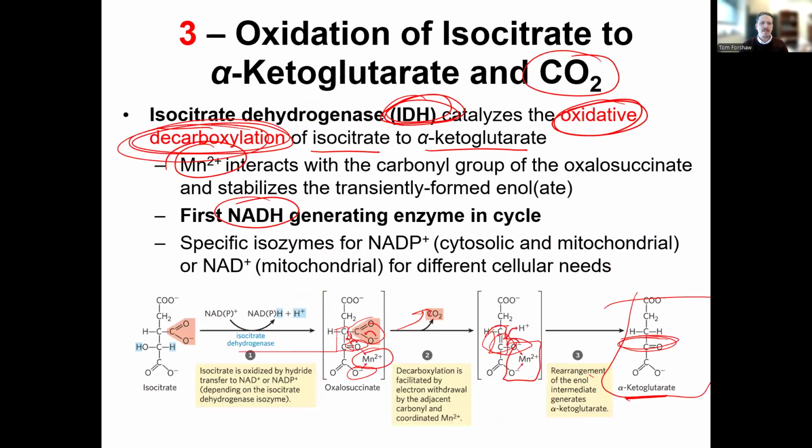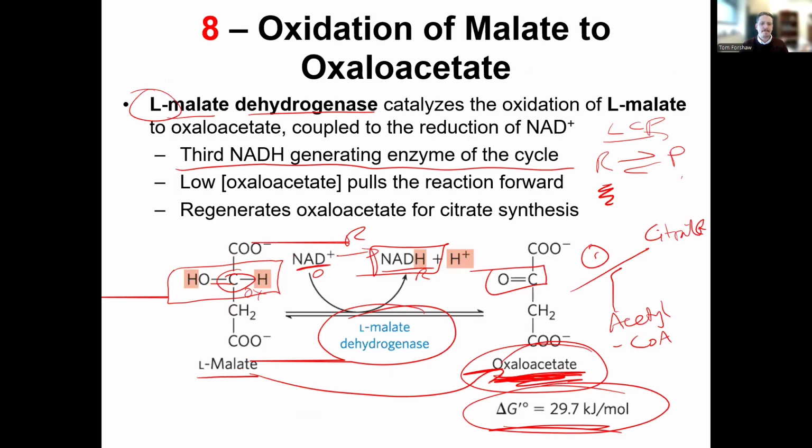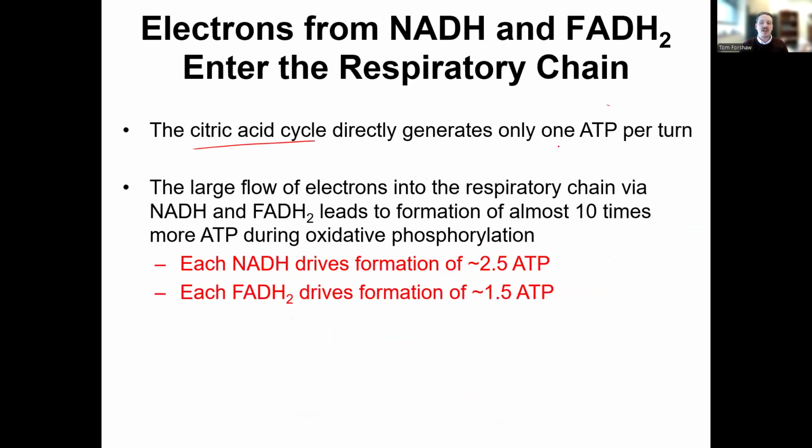So to wrap up, the citric acid cycle only generates one ATP, right? That GTP can be interconverted into ATP easily, but you do pull off a lot of electrons by oxidizing those substrates, those metabolites from acetyl-CoA. And in doing so, you generate NADH and FADH2.